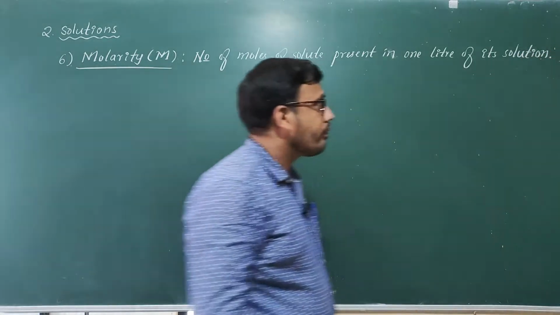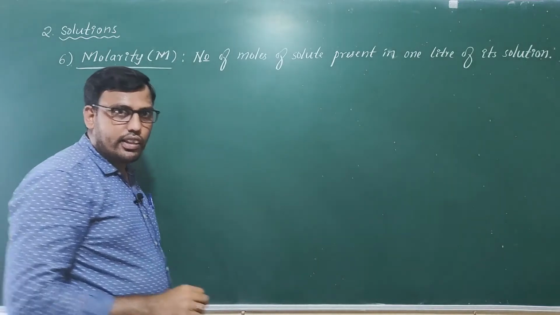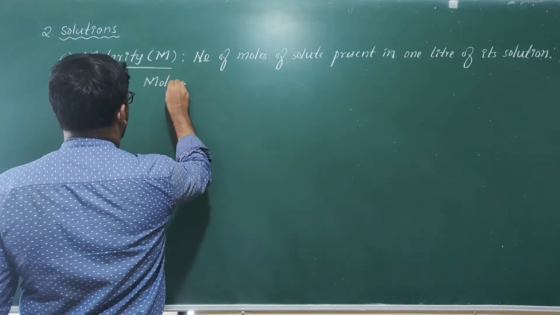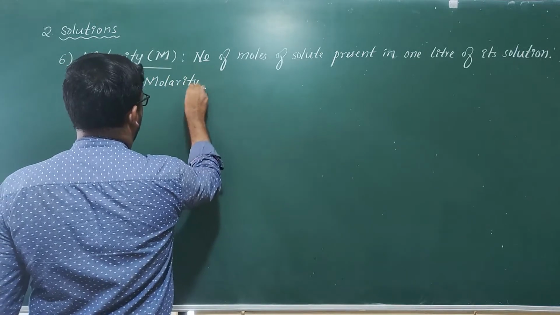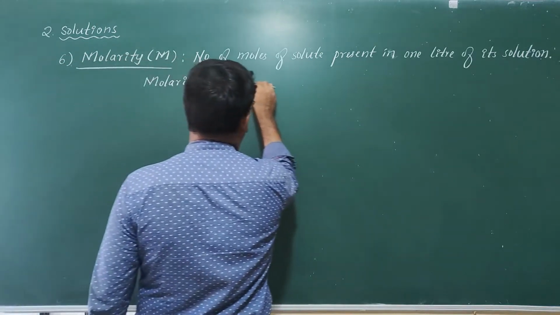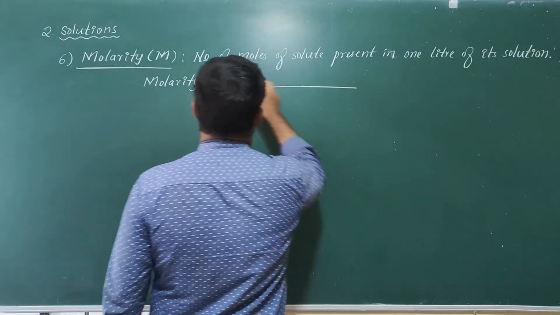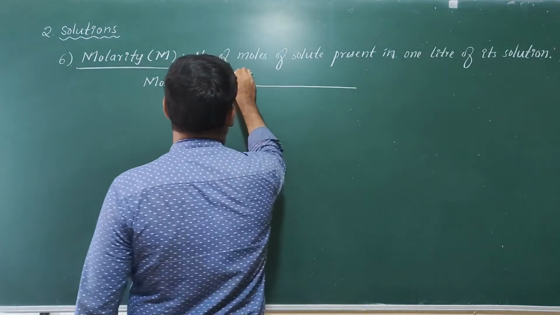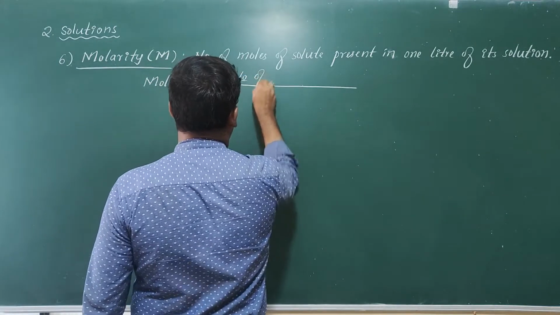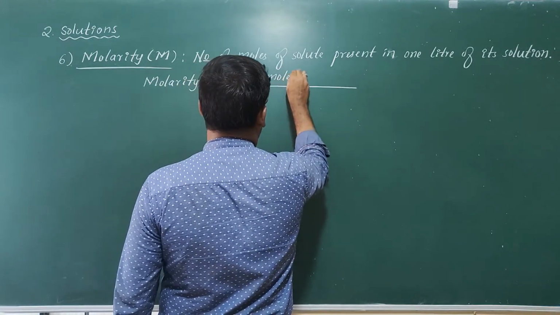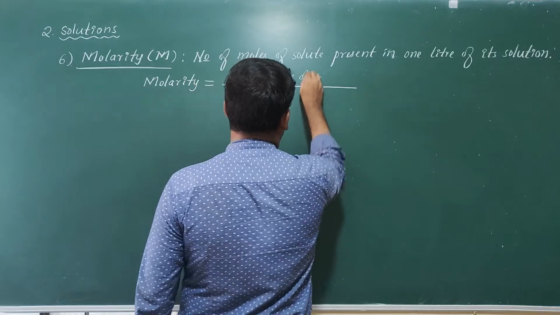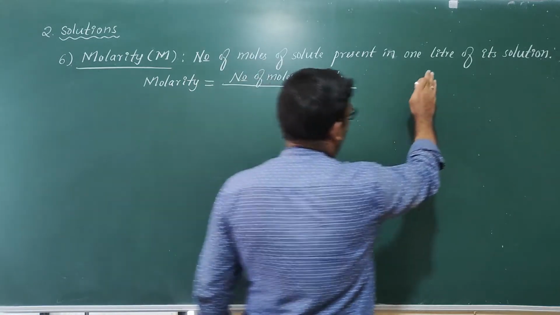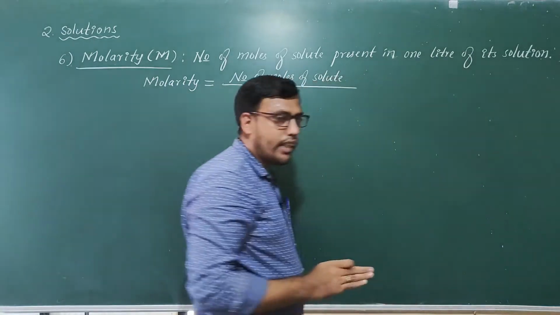So now if you observe the definition, molarity can be written as molarity is equal to the number of moles of solute, that is our numerator, or simply moles of solute. What is there in the denominator? We have 1 liter of its solution.